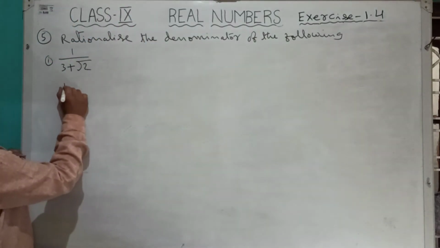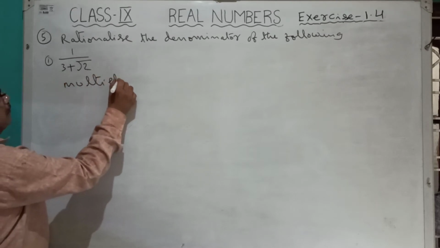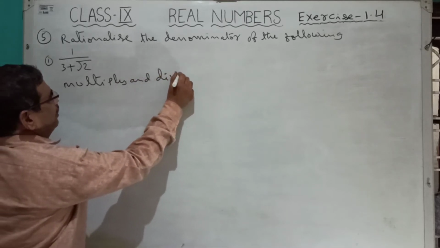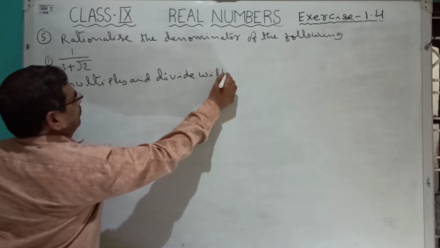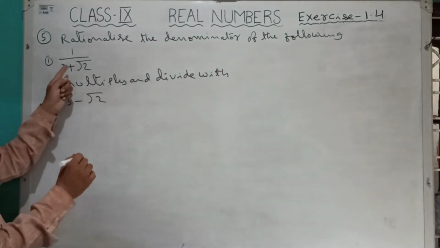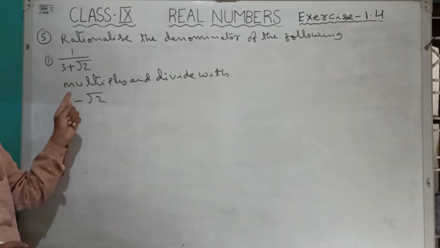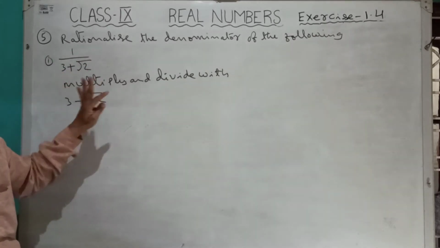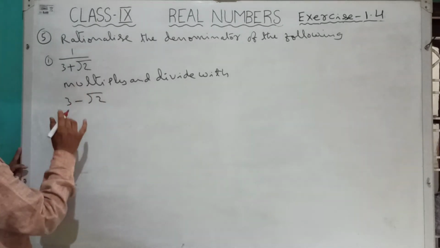So multiply and divide with 3 minus root 2. Here the plus symbol is there, so I am writing the minus symbol. If here is a minus symbol, I will write the plus symbol. The number is as it is, no change. Multiply and divide with 3 minus root 2.